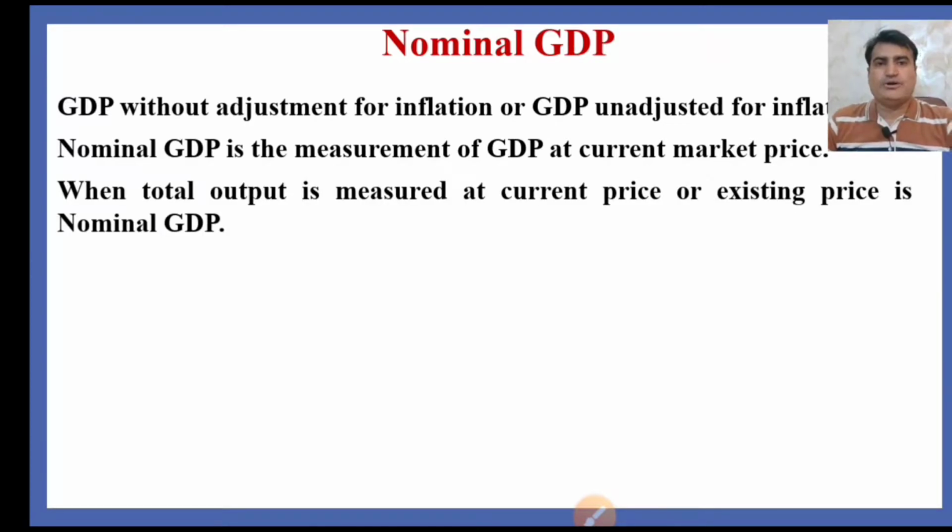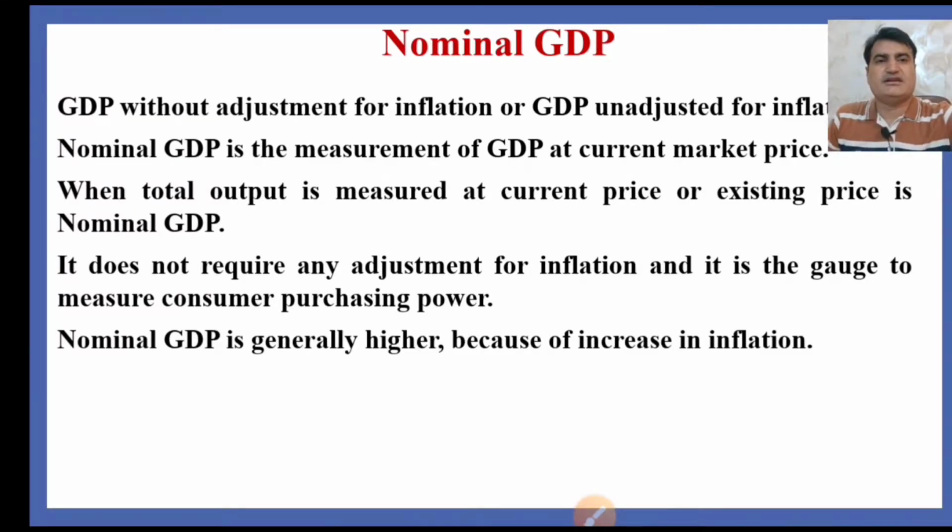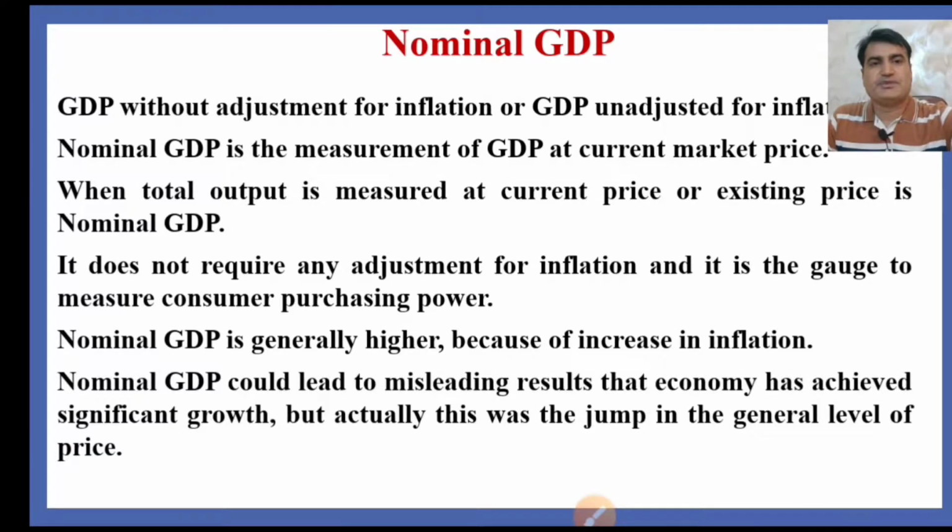When total output is measured at current or existing price, it is nominal GDP. It does not require any adjustment for inflation, and it is the gauge to measure consumer purchasing power. Nominal GDP is generally higher because of increase in inflation.